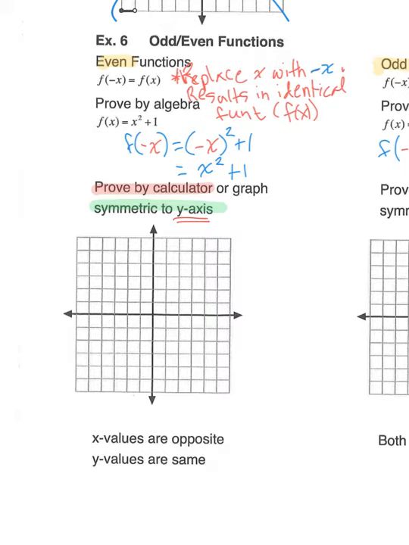I'm going to throw this into my calculator, or I don't even have to have a calculator. I could do a table of values. I'm going to graph the original function. So I'm going to plug in the values of -2, -1, 0, 1, and 2. If I plug these values into this function, I take -2 and square it. I get 4. 4 plus 1 is 5. Then I take -1 and square it. I get 1 plus 1 is 2. Then take 0 and square it.